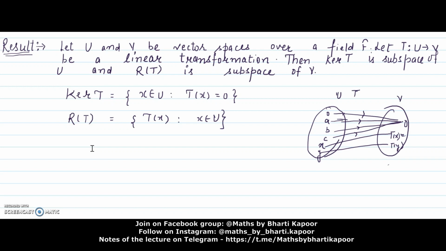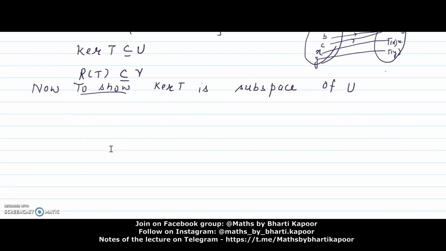That means kernel T will contain 0, A, B, C. So kernel T is subset of U. And range of T is subset of V because it contains T images of elements of U. So we have already seen this in the previous video that kernel T is subset of U domain and RT is subset of codomain, that is V. So kernel T is a subset of U, but we will prove that it is not just a subset but a subspace of U.